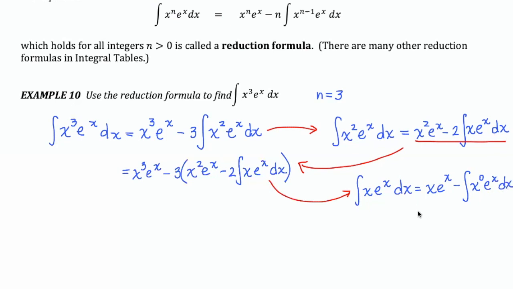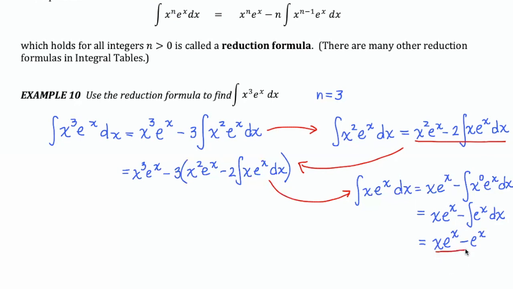And that's good news because anything to the 0 power is just 1, leaving me with the integral of e to the x dx, which is finally a nice integral that I can evaluate. So I will get x e to the x minus e to the x. And I will need to put a constant back on, but you can kind of wait on that and just put it on your final answer.